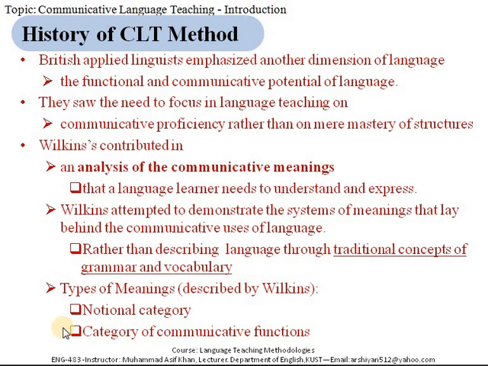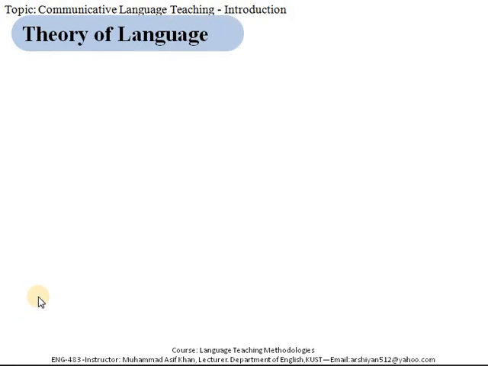So this is the brief history of this method, how CLT evolved, and how the critics leveled criticism against the contemporary methods being used at that time. Now let's move towards the theory of language behind CLT.